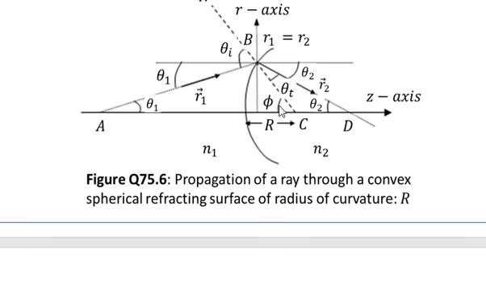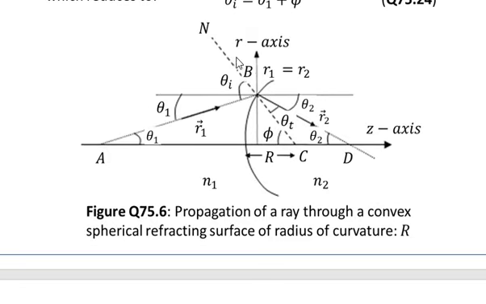And you see that phi is the angle made by the dotted line, which is actually a line perpendicular, making an angle of 90 degrees to the surface at the point B. This normal line, represented by capital N, has been extended backward, and it hits the optical Z axis at the point C. So it makes an angle phi with that, and this point C is located at a distance capital R, because any normal line through the surface, when extended, will pass through the center of curvature of the surface.